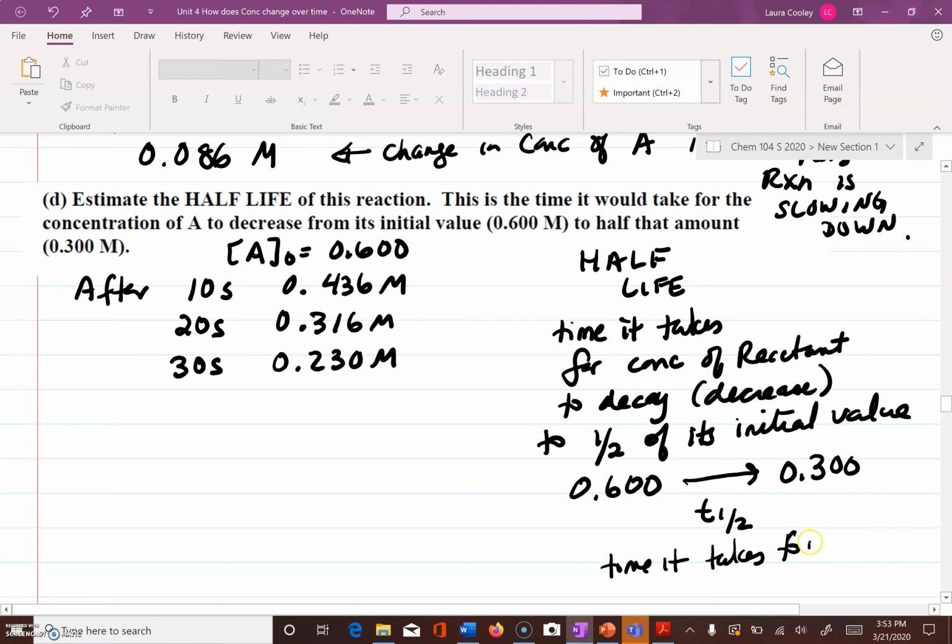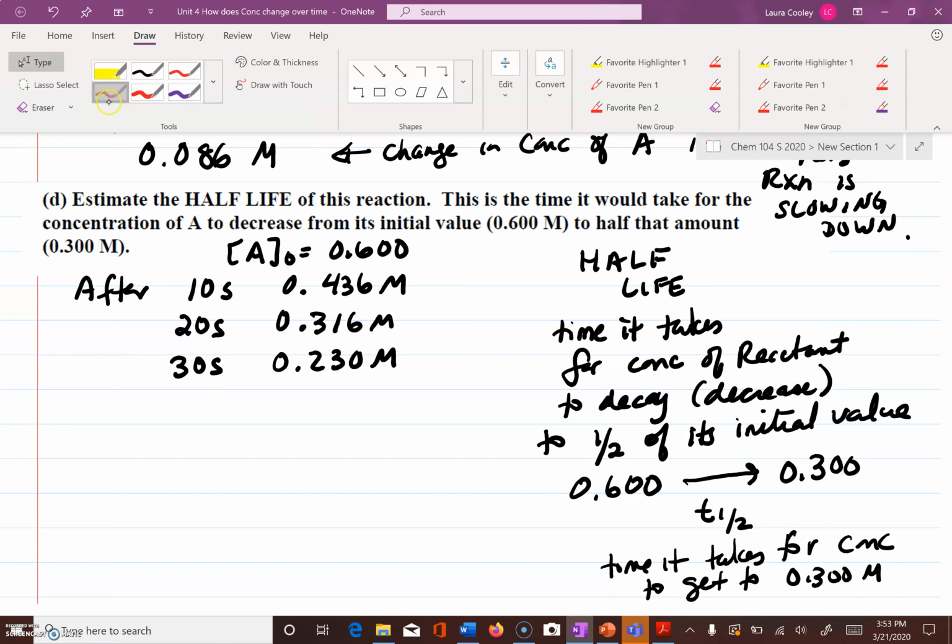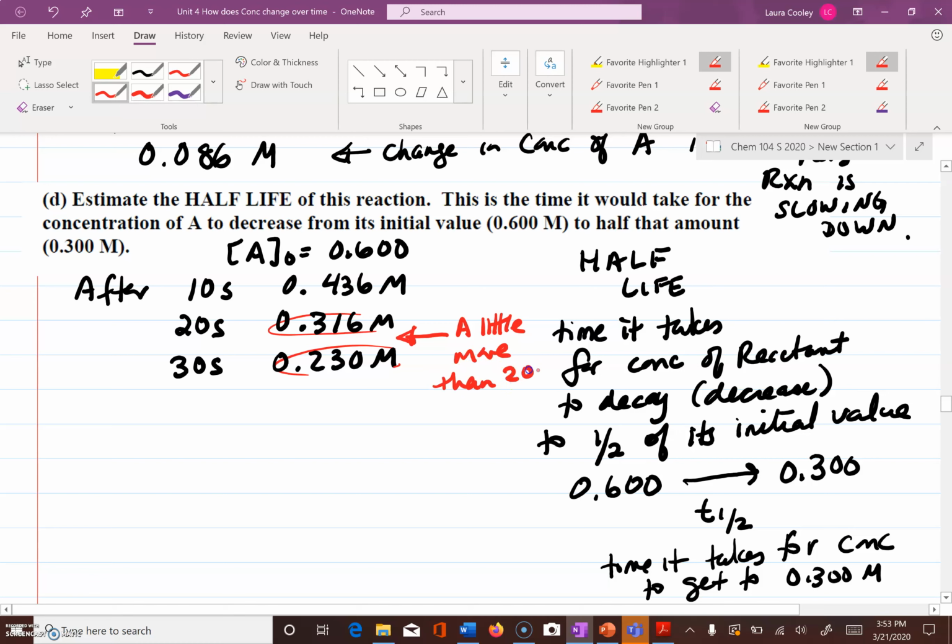The half-life, which we often call T1/2, would be the time it takes for the concentration to get to 0.3. Okay, so you notice here that 0.3 is somewhere between 0.23 and 0.316, closer to the 20 seconds. So I would say that it takes a little more than 20 seconds to get from 0.6 to 0.3.